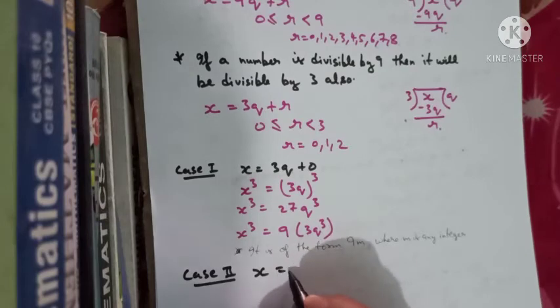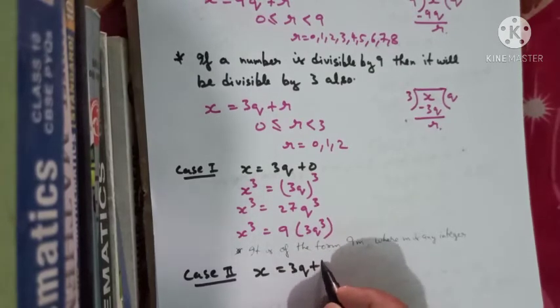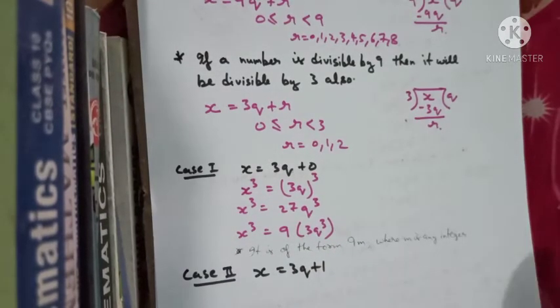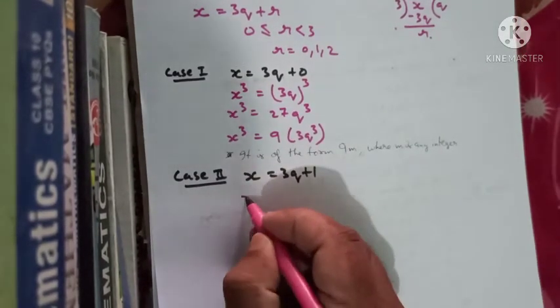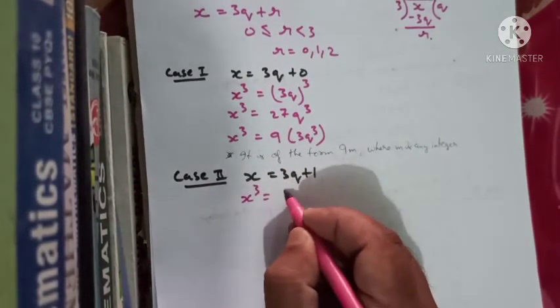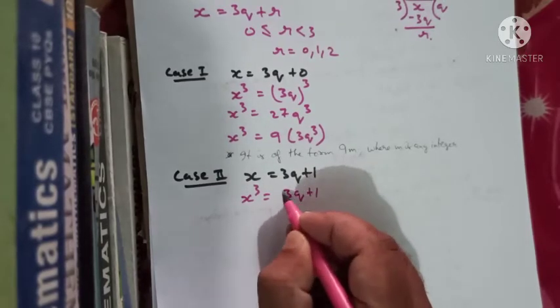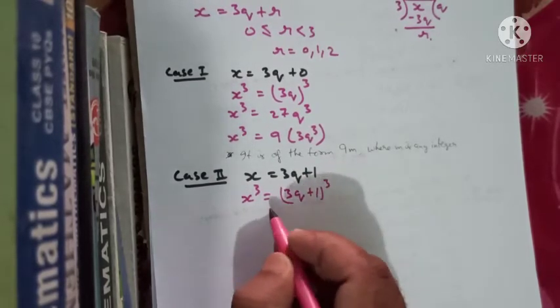Now case 2, that is if the remainder is 1, then x will be 3q plus 1. Then again the cube of the integer will be the cube of 3q plus 1.